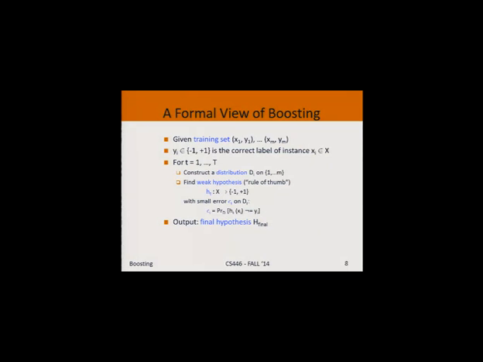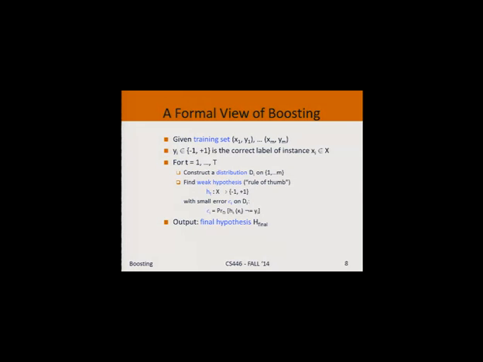Now, remember that in order to define an error, I need a distribution underlying these examples, right? Otherwise, error isn't defined. This is how we define an error. It's the probability that h of xi is different than yi, and I'm doing it under this probability distribution. Okay, that's important. That's the definition of error.